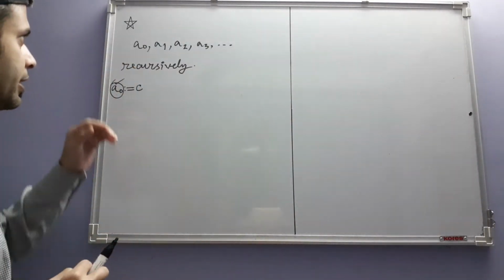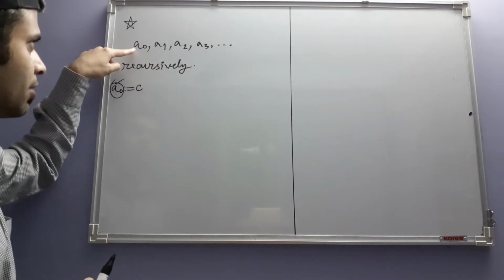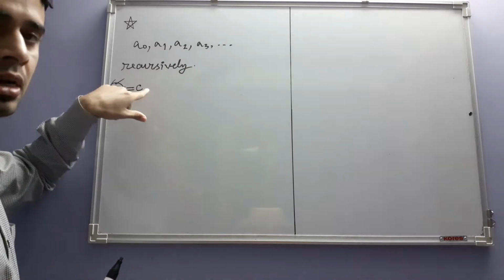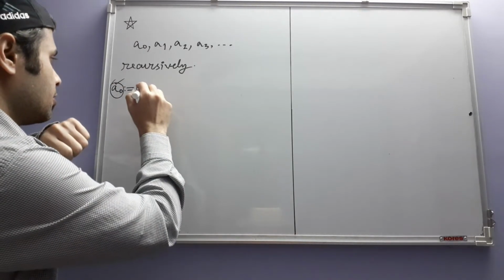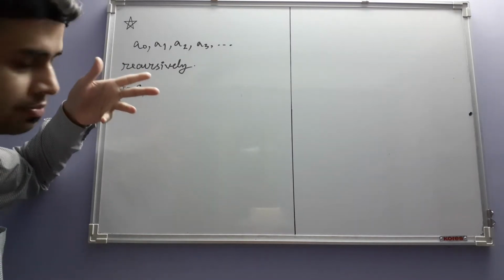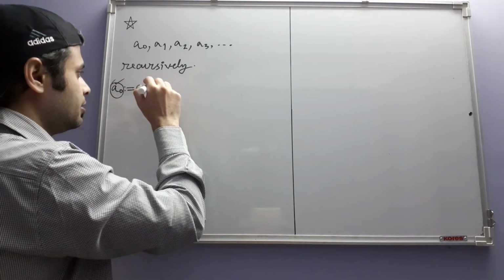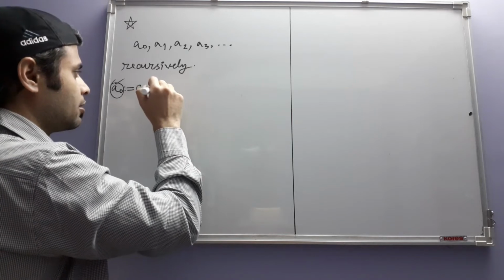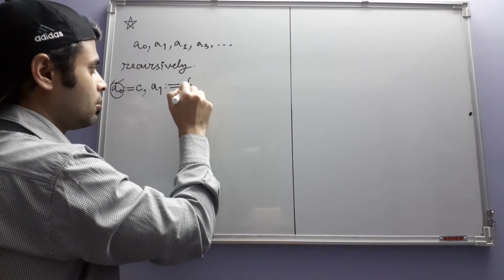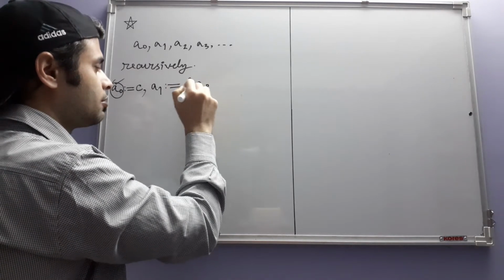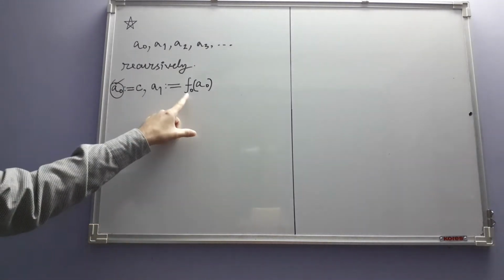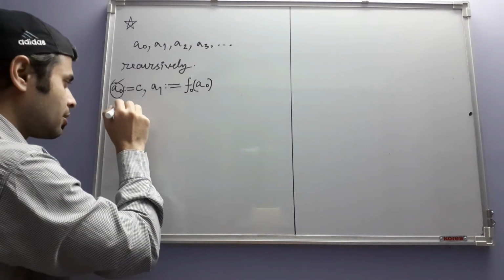So how am I defining the sequence? The first term of the sequence is taken to be some natural number c. The second term depends on the first term. Specifically in this way, a1 is defined to be equal to f0 of a0. Now here I should say something. This is a function. We have not come across functions.